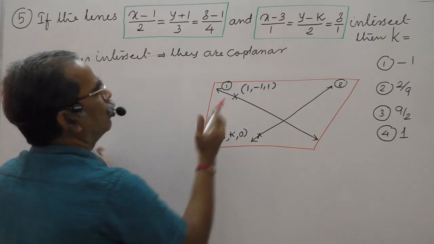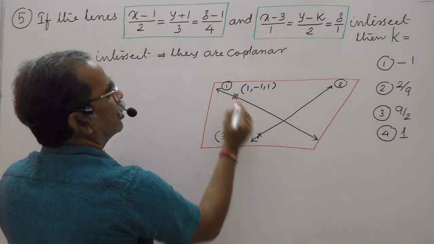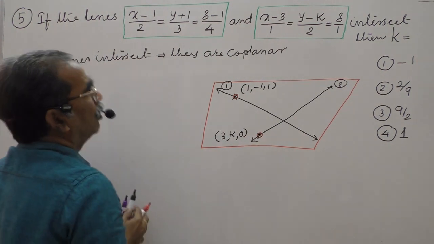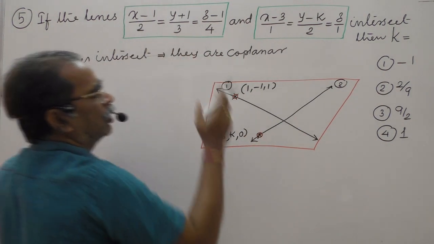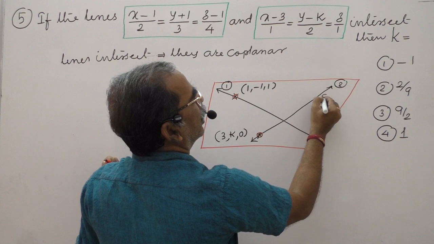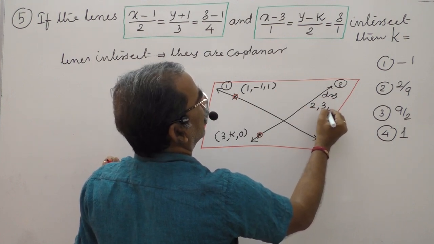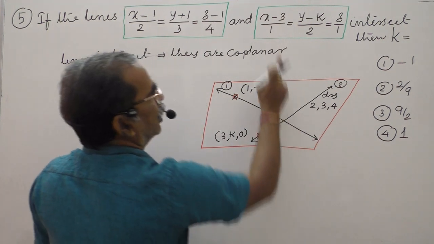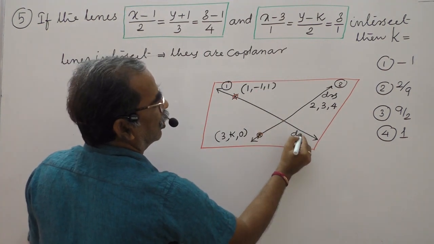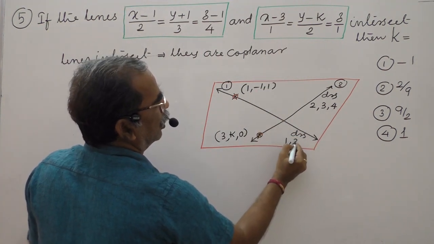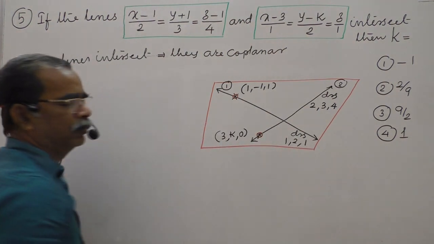These are two points on the two lines respectively. For the first line, the DRs are 2, 3, 4. For the second line, the DRs are 1, 2, 1.